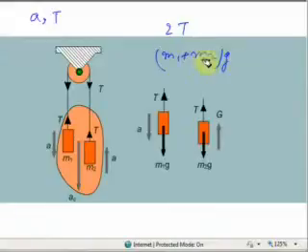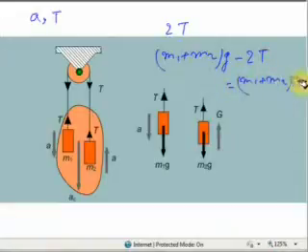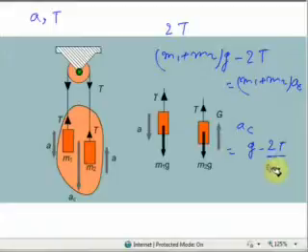So the acceleration of the center of mass will be given by (m1 plus m2)g minus 2T is equal to (m1 plus m2) a, where a is nothing but the acceleration of center of mass, that is AC. So from here we can get AC is equal to g minus 2T by (m1 plus m2). Now we already have the value of T, so from this we can get the value of acceleration of center of mass.